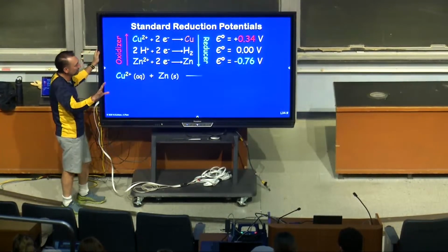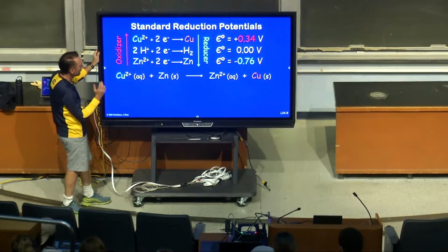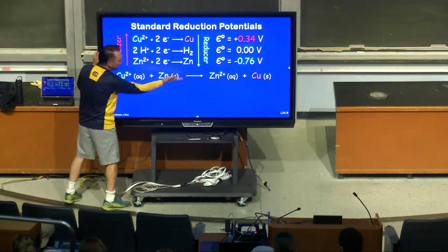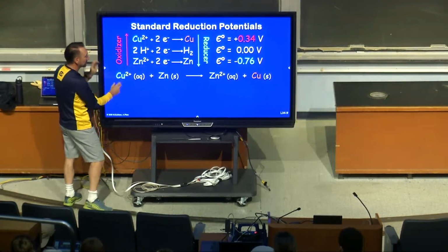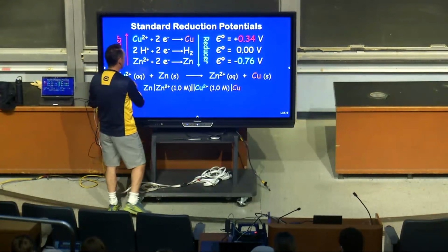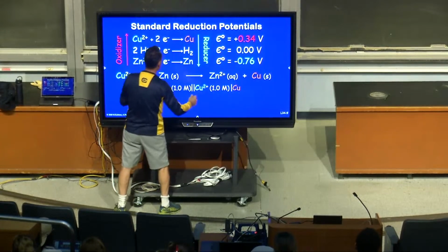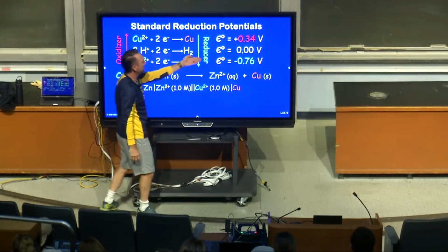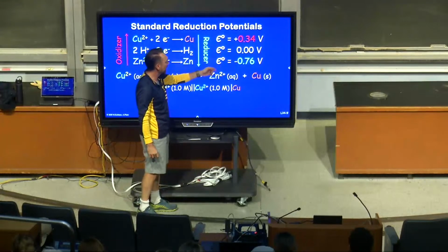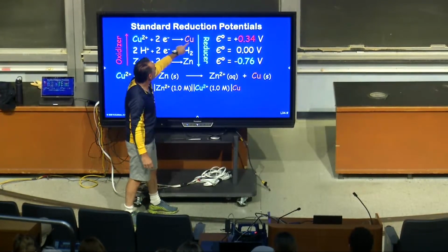I'm not going to make you do that mental gymnastics on the exam. You don't have time to absorb all that. I just want you to be able to look at a reaction like this, see what's going on, understand that that's 2 half cells. It's copper metal going to copper ions and zinc metal going to zinc ions, and then look back and say, which direction would it go? Well, copper ions going to copper metal, that's the spontaneous direction.